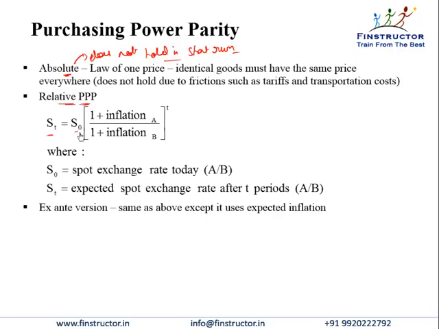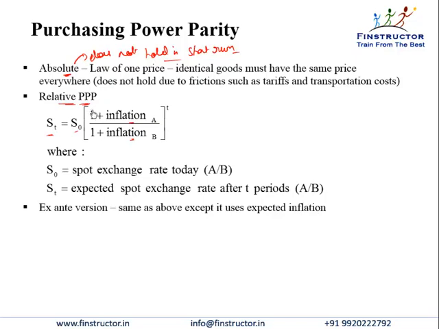The uncovered interest rate parity said that the expected spot price will be S naught into 1 plus interest rate of A upon 1 plus interest rate of B. If the real rate is the same, then the difference in interest rate is primarily because of difference in inflation.